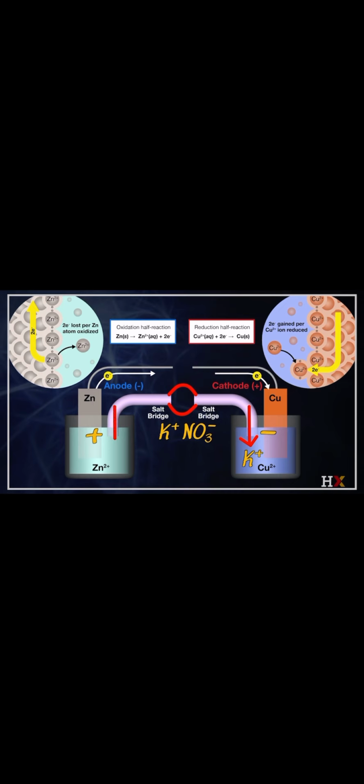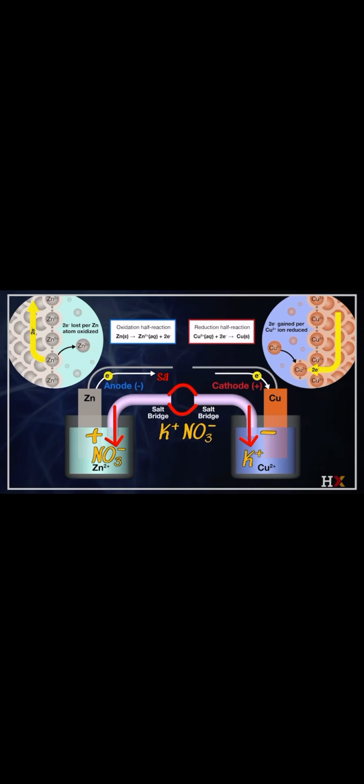At the same time, the nitrate negative ion is drawn in by the positive charge, so we have NO3- entering to make up for the extraction of electrons through the flow of electrons through the external circuit. And so that was the last piece. The salt bridge was so important to the operation of this electrochemical cell that it was one of the major breakthroughs that Michael Faraday brought to the subject.